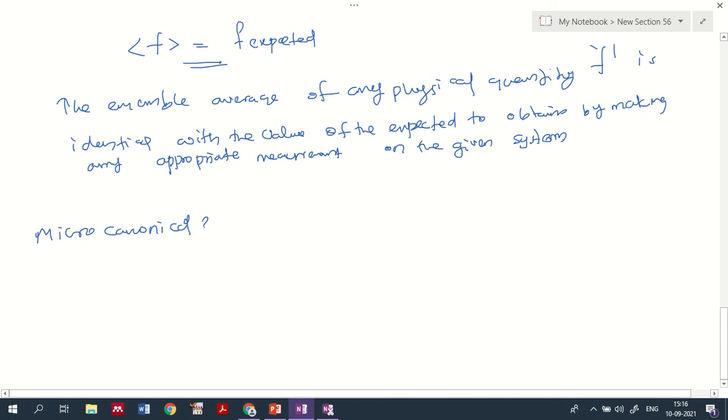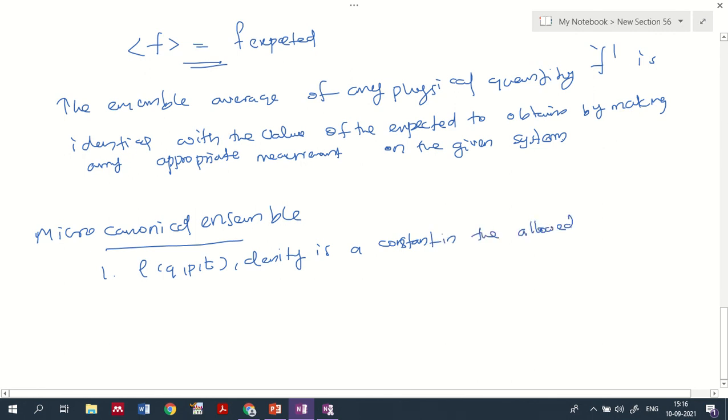The first point is that rho(q,p,t), the density, is a constant in the allowed region, meaning that particular phase space region or interval. Rho is constant when E minus delta by 2 is less than or equal to H(q,p), which is less than or equal to E plus delta by 2.